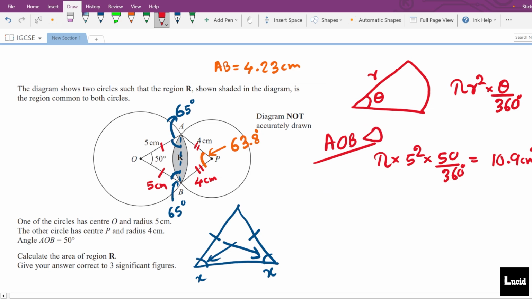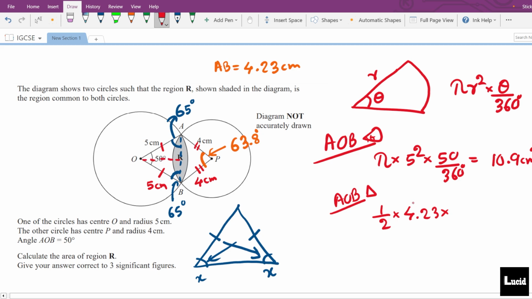Now let's find the area of the AOB triangle. The equation for the area of a triangle is half into base into height. The base is 4.23. Now we need the perpendicular height, which is this height here.